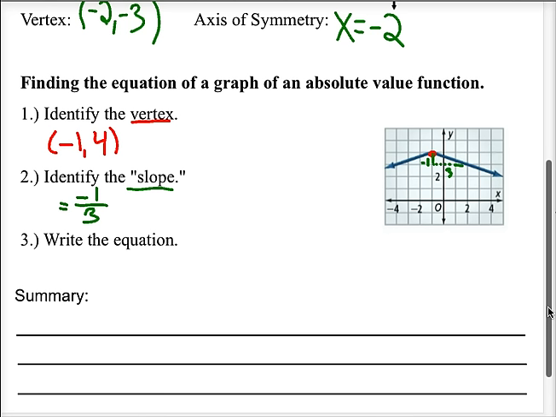And from there, you can actually write the equation. You take that stretch, that slope, shifted 1 to the left. Left takes the x, but you write it oppositely of what you'd expect, and then up 4. So that's just a really quick way that you can look at a graph and then go backwards to the equation that made it.